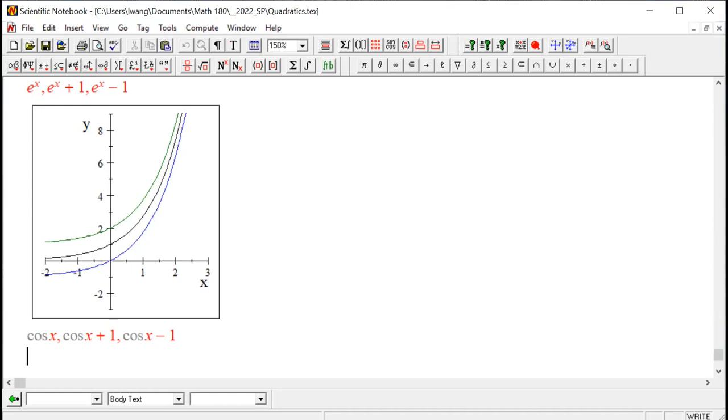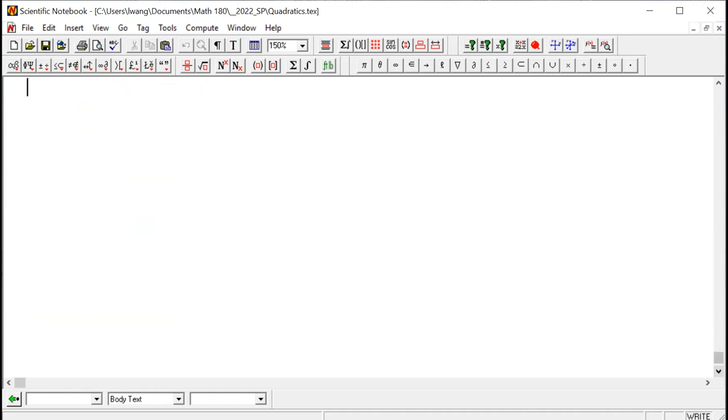The entire function, adding 1, subtracting 1. We understand how it works, right? You first do the function, you get an output, and that output plus 1, that output minus 1. So let's first graph cosine x.